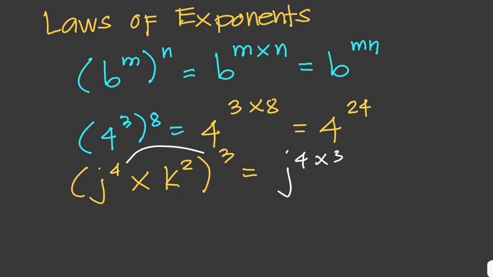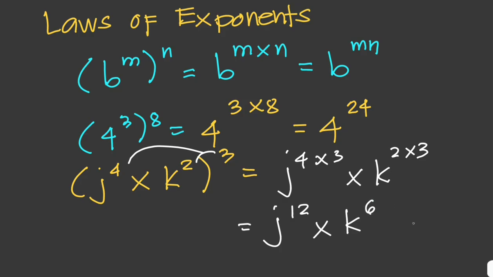So we do it one by one, as well as for k squared, k to the 2 times 3. Then we simplify: j to the 12 times k to the 6. Or we can just write this simply as j to the 12 k to the 6.